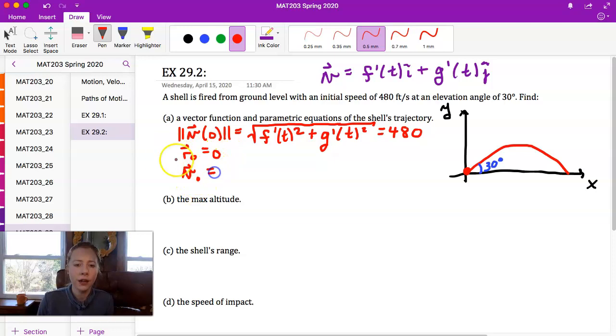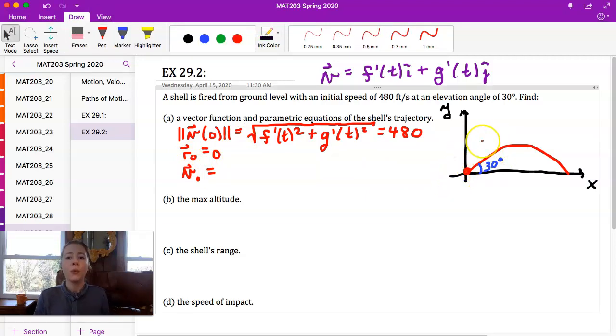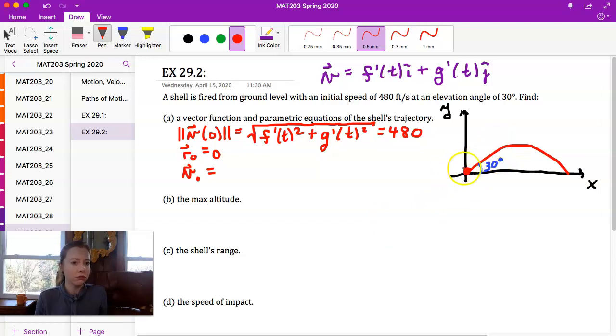So v, the velocity, is going to be, so what we need to do to get the velocity from the speed is, well, we can find the components of the velocity because we know the magnitude and we know the angle that the shell was fired at.